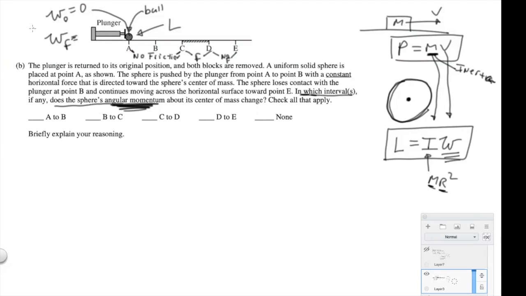By the way, a change of angular velocity is called an angular acceleration. Well, what causes angular acceleration? The answer is torque.